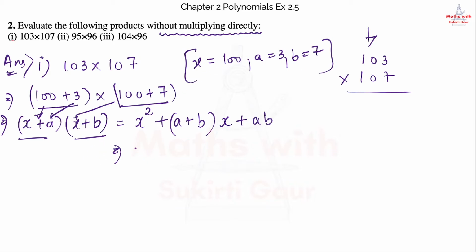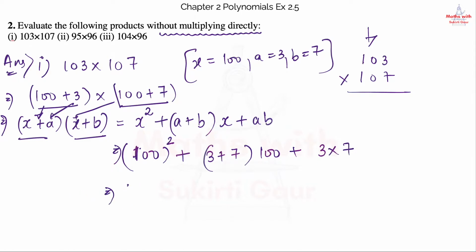Putting all these here: 100 square, because x is 100, plus (a plus b) into x, that means 7 plus 3 into x, x is 100, plus ab, that means 3 into 7.